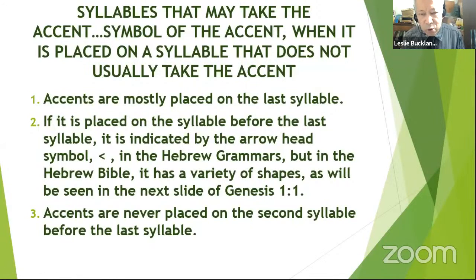It cannot go anywhere further than the syllable immediately before the last syllable. So mostly the accent is going to be on the last syllable, but if it is going to be placed on any other syllable, it has to be placed on the syllable immediately before the last syllable, right in front of the last syllable. And it will be indicated by the arrow symbol that you see in number 2.